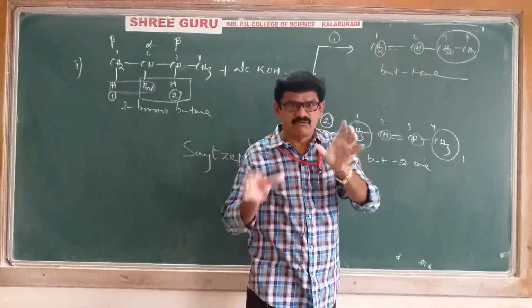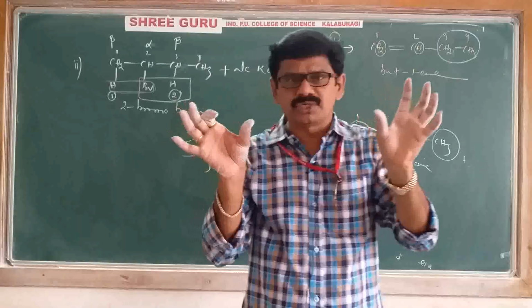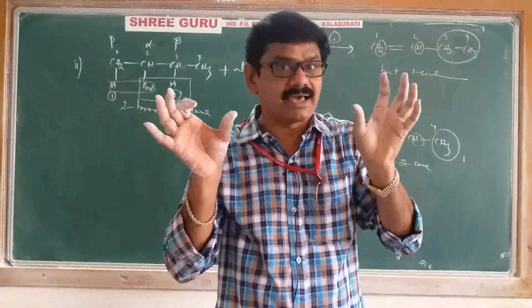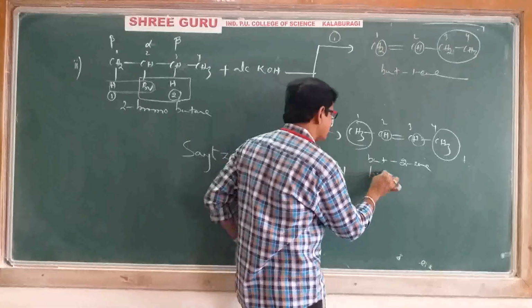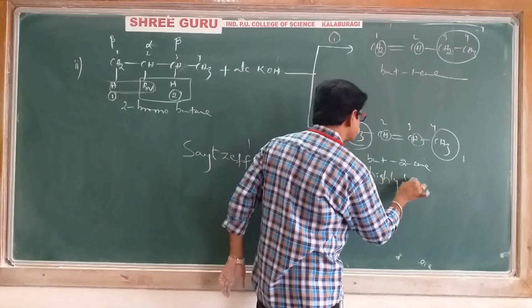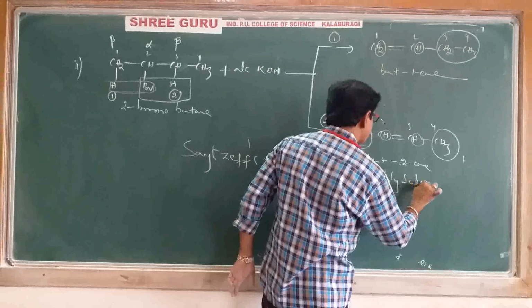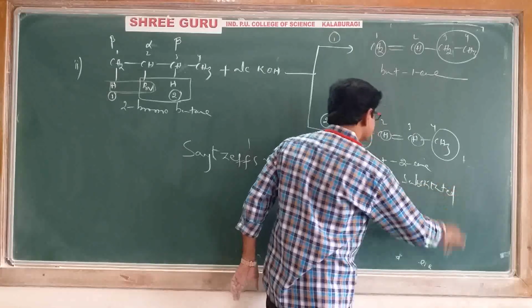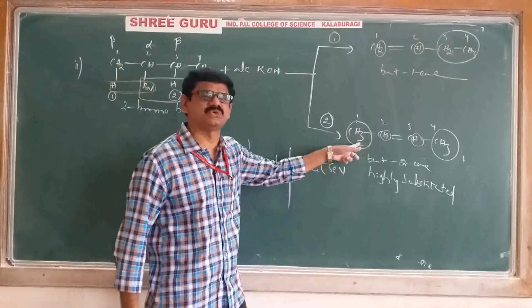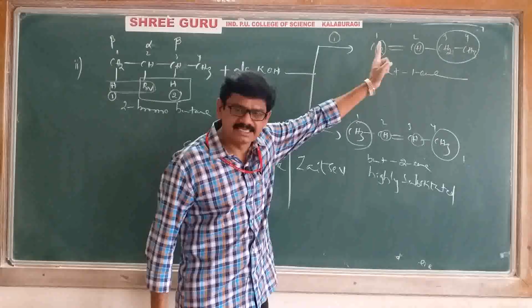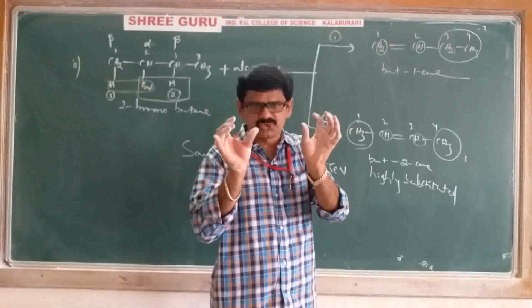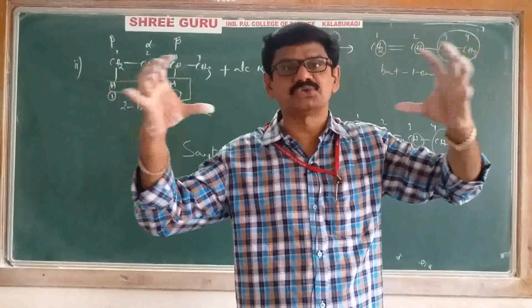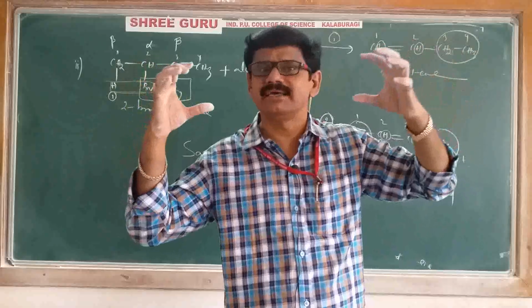That's why whenever you find both double bonded carbons having alkyl groups, then that alkene is called a highly substituted alkene. This is highly substituted, but this is not. Remember, highly substituted means both double bonded carbons should have alkyl groups.